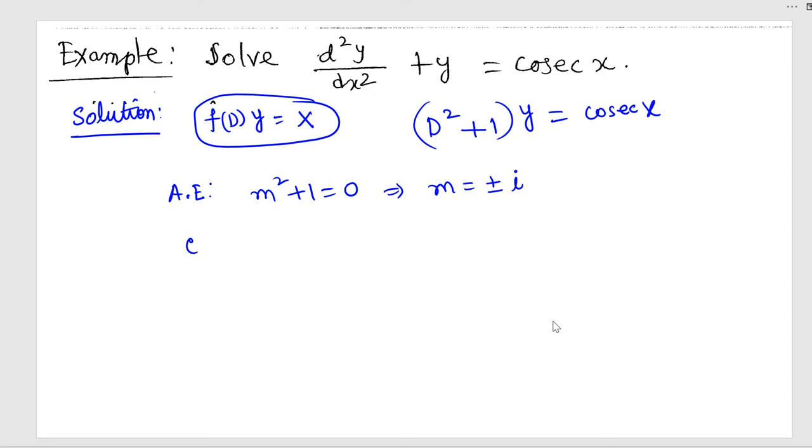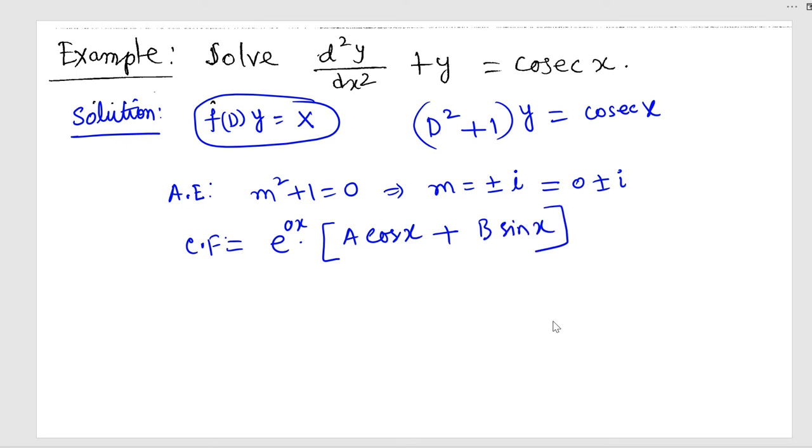Now the complementary function is, if you write it in terms of 0 ± i, the formula is e^(0x) (a cos x + b sin x).